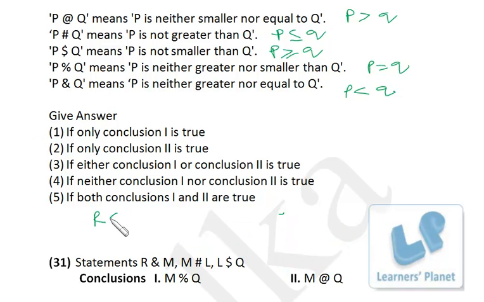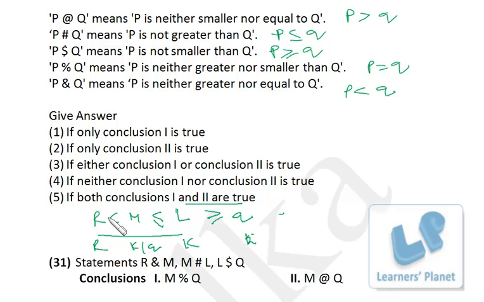R is less than M, M hash H, M is less than or equal to L, L dollar Q, that means L is greater than or equal to Q, right? So we are having one sequence this and one sequence this. Okay, so R and M, I just take this as king, this may be king, maybe queen, and this is a rook, and this maybe whatever, but a different sequence.